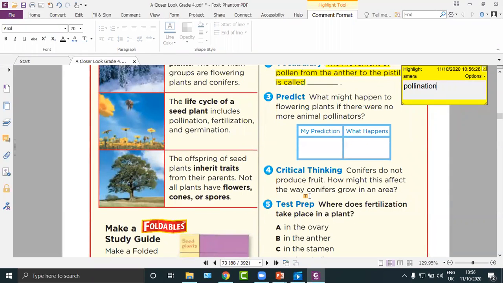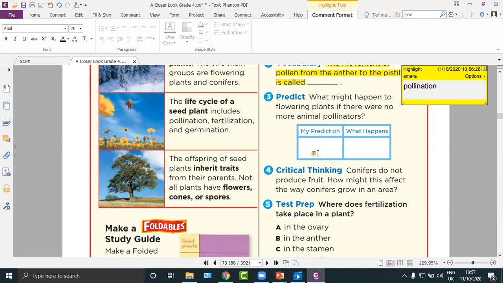Number 3. Flowering plants would disappear. And what happens? Plants that depend solely on animals for pollination could not reproduce. Some flowering plants would disappear.